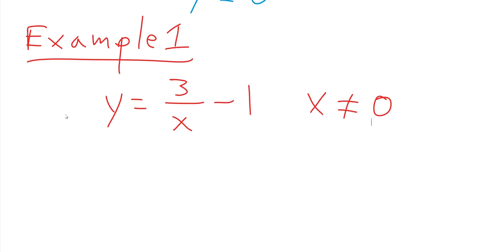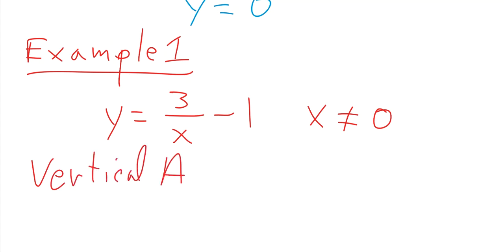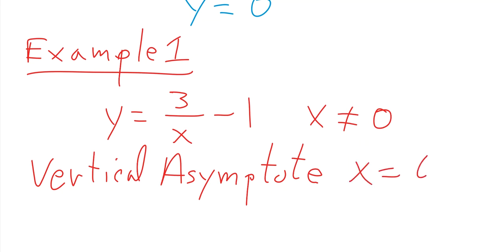So we can say that the vertical asymptote is the line x equals 0. And the horizontal, I'm going to start abbreviating to speed this up.